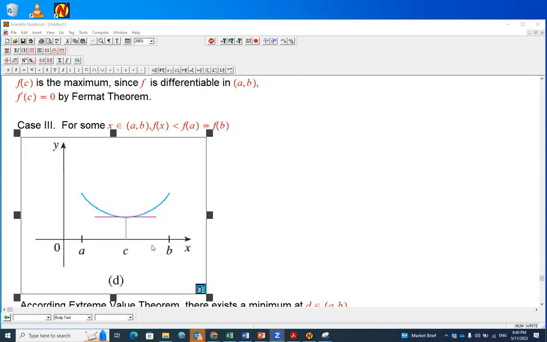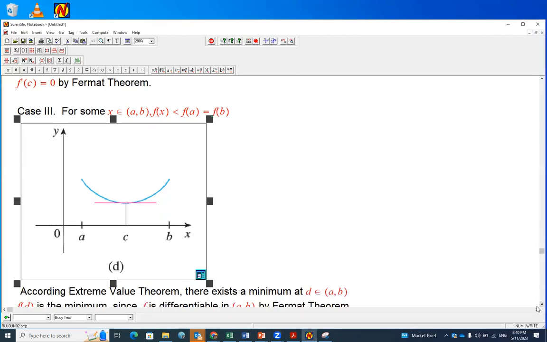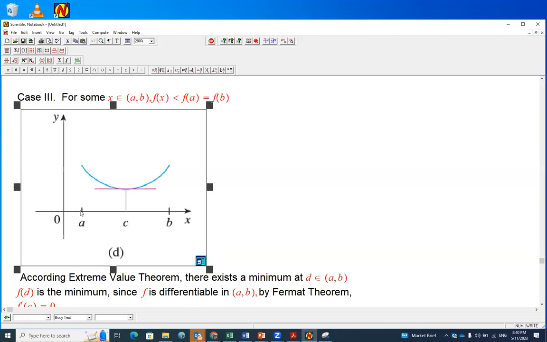If the minimum exists, then the number is between a and b, and therefore there must be a c. The function is differentiable at every point in the interval, so of course it is differentiable at c. According to Fermat's theorem, in case 3, the derivative will be 0.